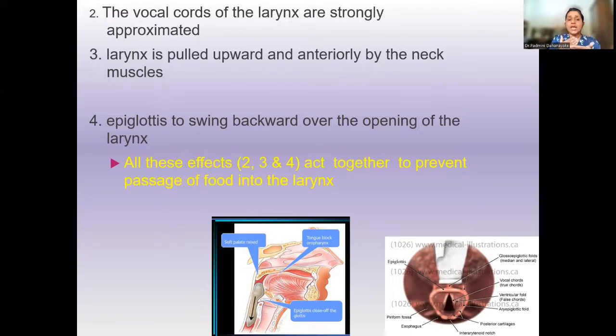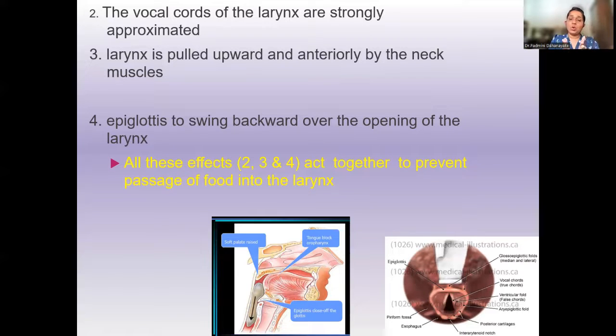The second is that the larynx is pulled upward and anteriorly by the movement of the neck muscles. And then the epiglottis swings backward over the opening of the larynx. So three structures, three different mechanisms, but the ultimate effect is one: your laryngeal opening will be protected, right?